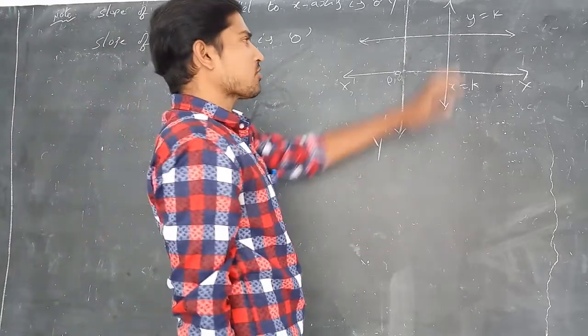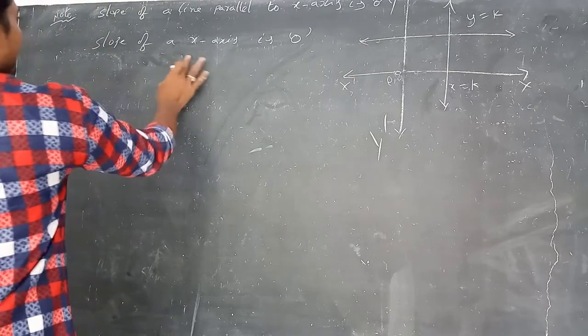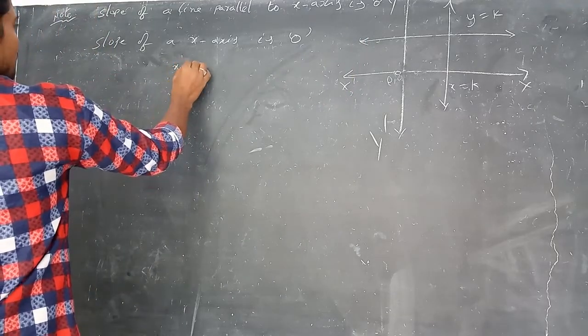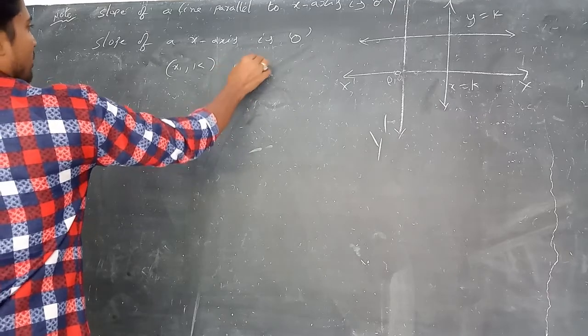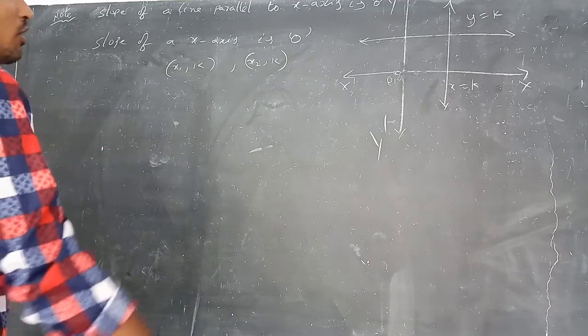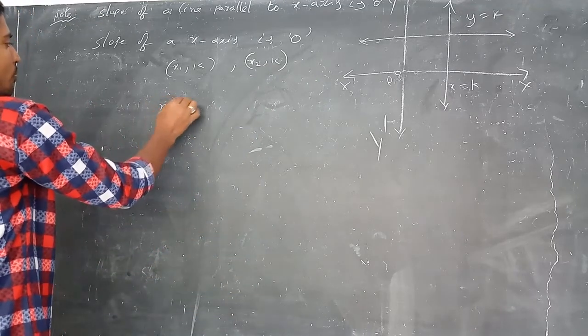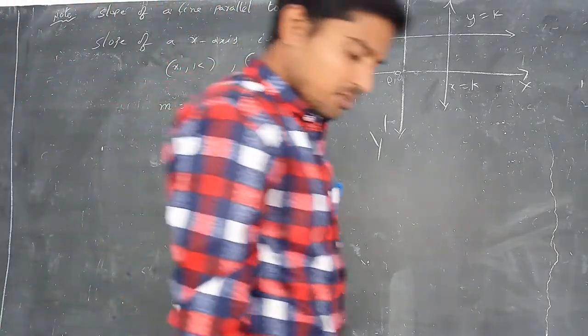Take two points on y equal to k: x1 comma k and x2 comma k. Then slope m equals the difference between y coordinates by the difference between x coordinates.